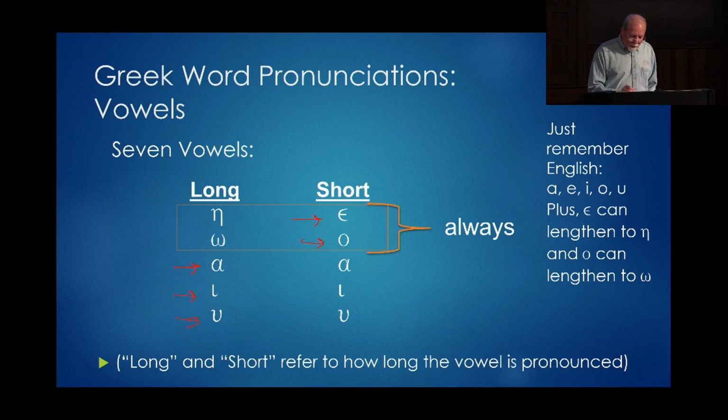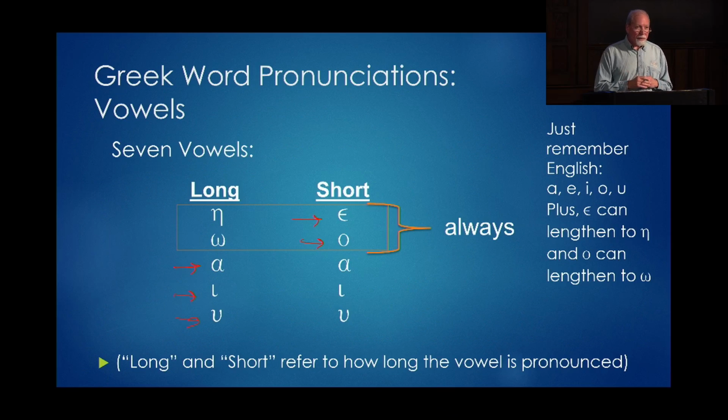Now the alpha, iota, and upsilon might be long, they might be short. And in English, long and short changes the way it sounds. Like the long A is an A sound, but the short A is an ah sound in English.